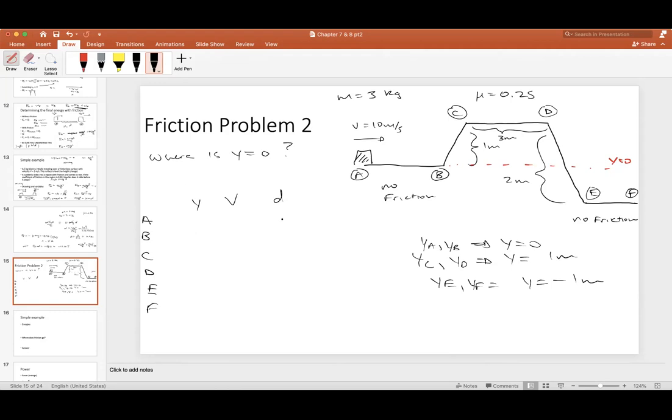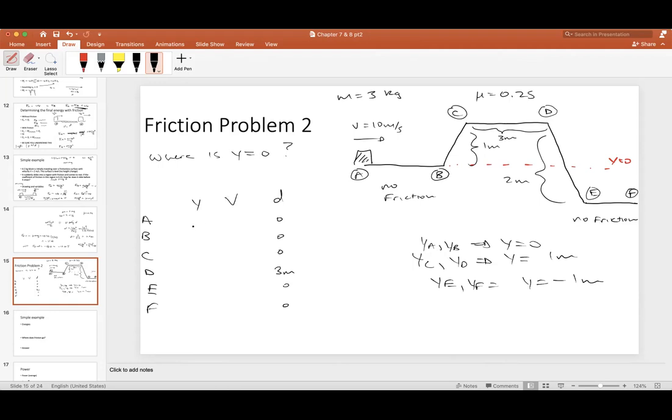So at A, this is going to be 0 for everything except between C and D, this is 3 meters. Otherwise, I don't care. I really shouldn't write this down. I should really only write I and B.